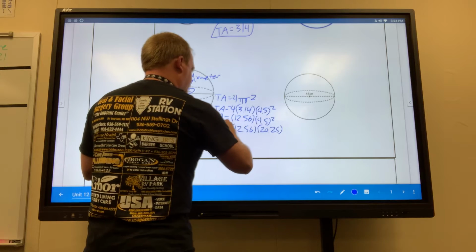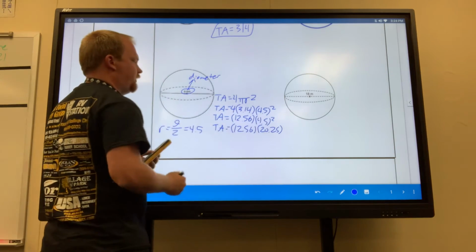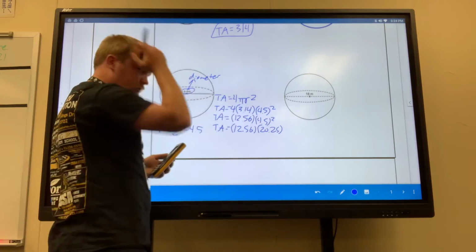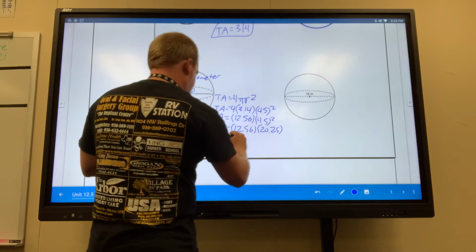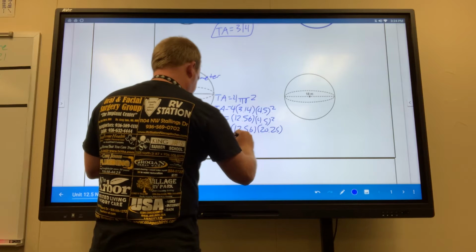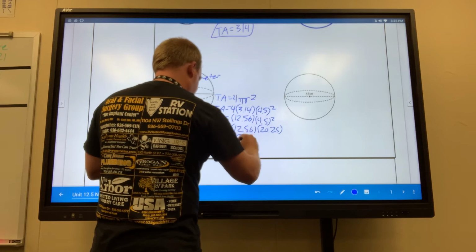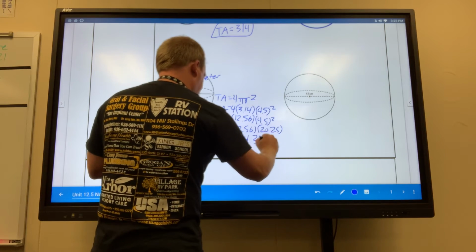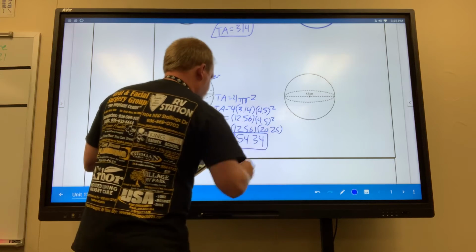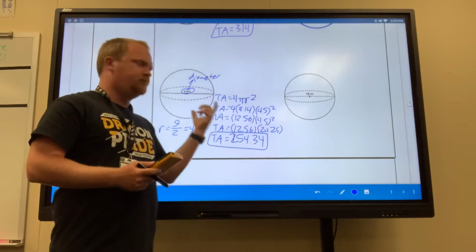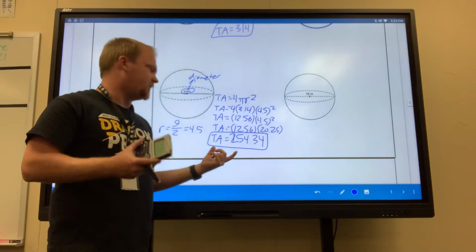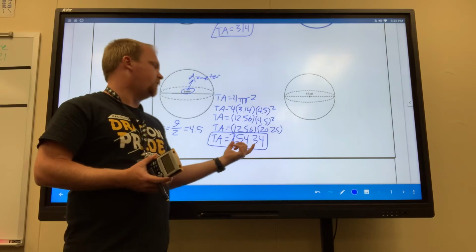So then I'm multiplying 12.56 by 20.25, and that will give me 254.34. So my total surface area for the sphere is 254.34.